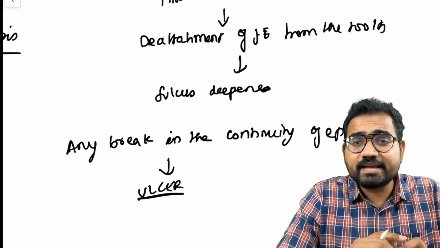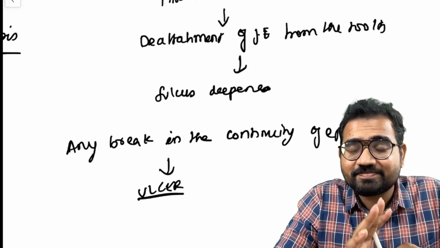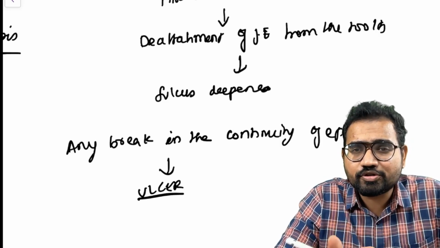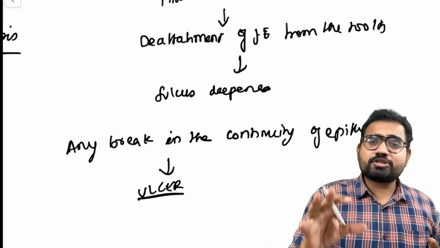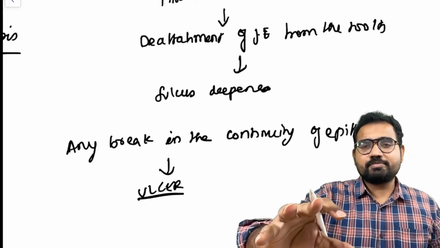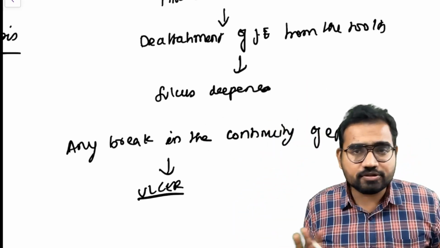So am I right in saying that in a pocket there will be ulcerations? Yes, obviously. Why? Because the tissue loses cohesiveness and the junctional epithelium detaches. Even though it detaches, some portion of epithelium and connective tissue will be attached to the tooth, and some portion of plaque and calculus is present on the tooth.